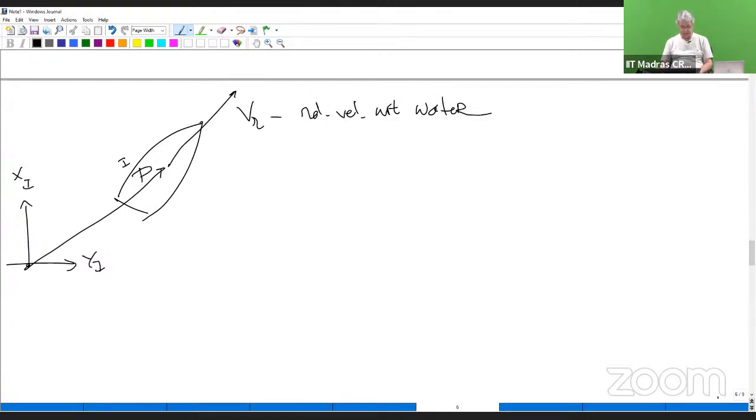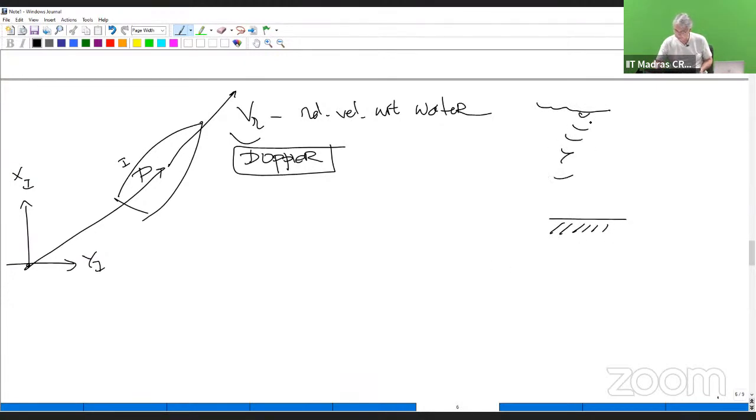Now, why do I do this with respect to the water? This will be given to you by a Doppler. If you are at the surface and you want to use the Doppler, maybe it's a very costly solution. But you see, if you are at the surface and the sea bottom is relatively far, when you have the Doppler shooting acoustic waves, you probably will not be able to reach the sea bottom.